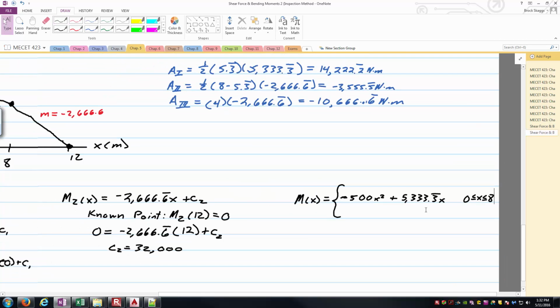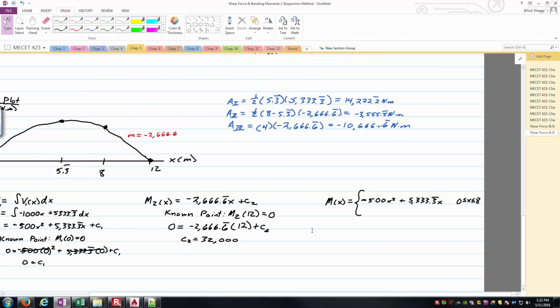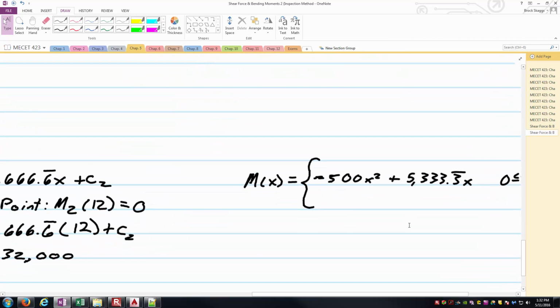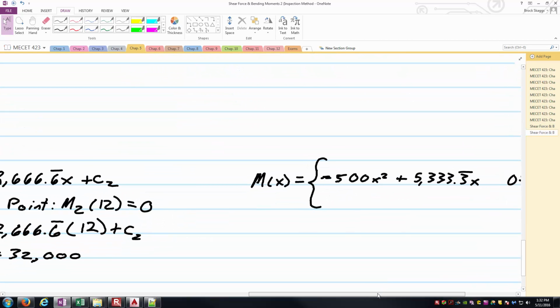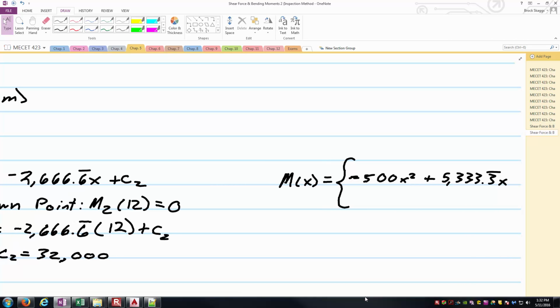And again, that's good between 0 and 8. And then the other third, between 8 and 12, is m2 of x. And so I've got the form, slide this over, you can see to the left here. The slope we said was negative 2,666 and 2/3 x, or negative 2,666.6 repeating is the slope. Okay, so that times x, and then the y-intercept to complete our linear function is 32,000.